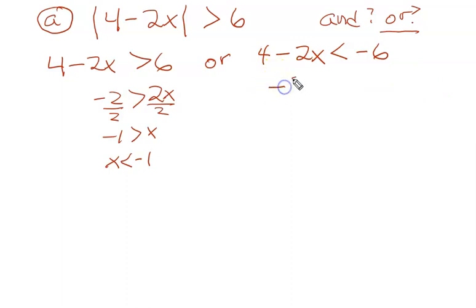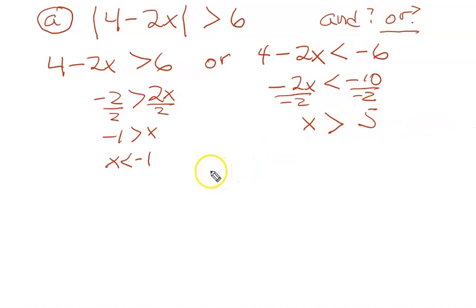So I'll have a negative 2x is less than, bring this over as a negative 4, so this is negative 10. I'm now going to divide by a negative 2. Since I divided by a negative, I have to reverse this inequality sign. This now becomes x is greater than 5.